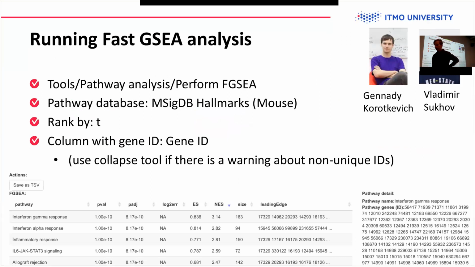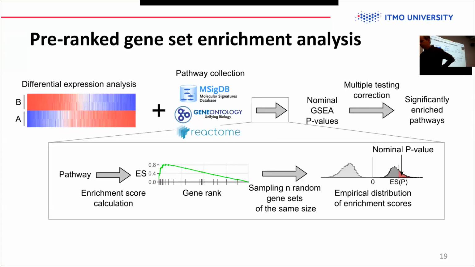One thing about this kind of analysis is that it was developed in 2005 and used a lot. However, this calculation of random gene sets is not that fast. Actually, not fast at all.